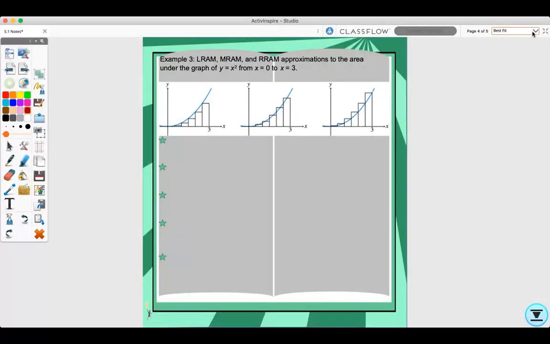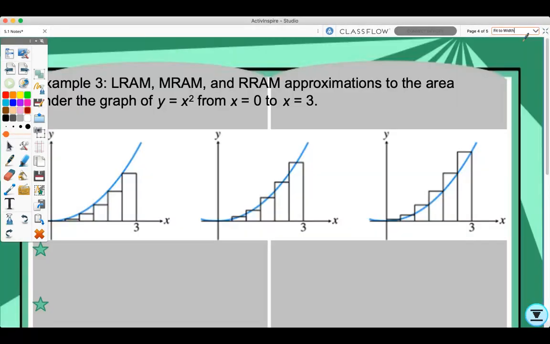So example 3. LRAM, MRAM, and RRAM. What these stand for are the left, midpoint, and right rectangular approximation method. So we're going to use those 3 methods to approximate the area under the graph of y equals x squared from x equals 0 to x equals 3.